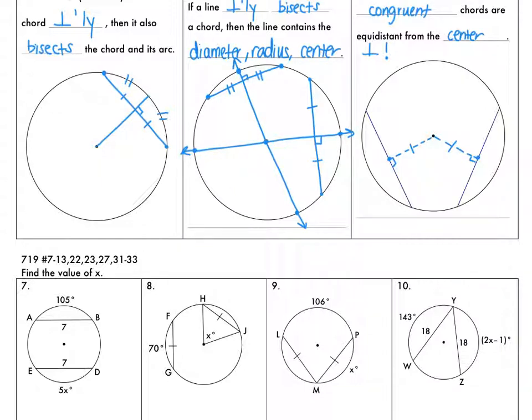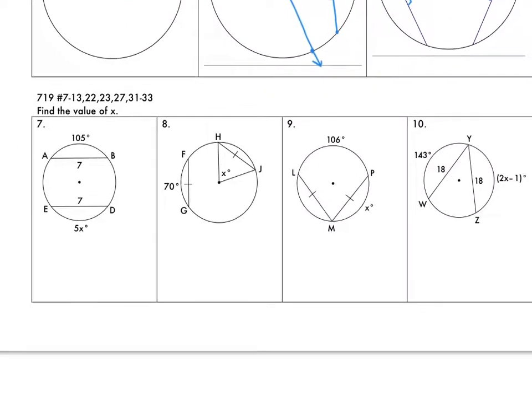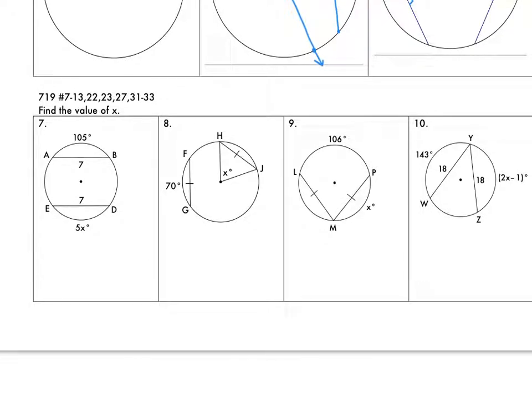Okay, so let's look at your homework. Let's look at number 8. So I've got the measure of an arc, so I know that the measure of arc FG is equal to 70 degrees. And I've got a congruent arc over here because it's marked that way. So I also know that the measure of arc HJ is 70 degrees.